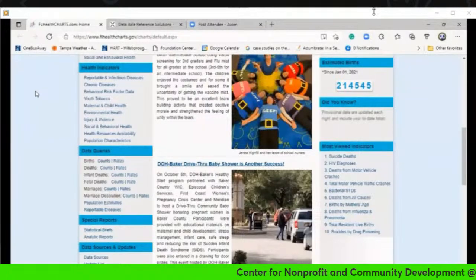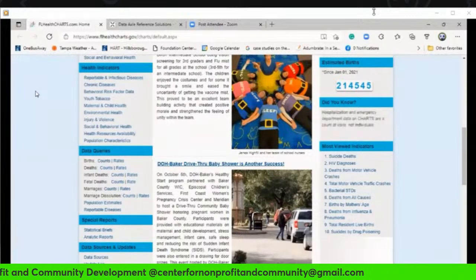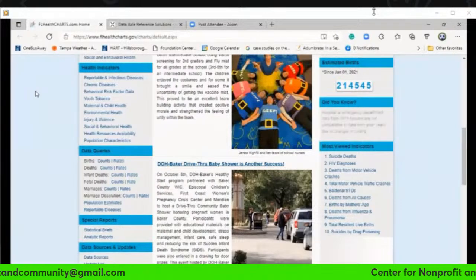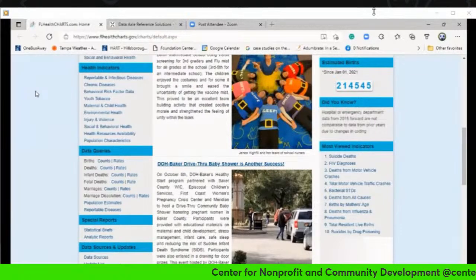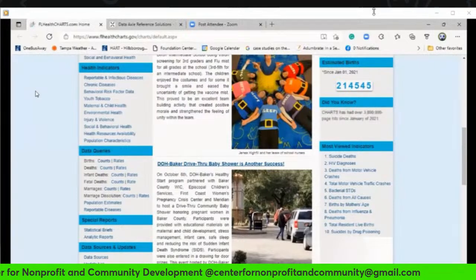Injuries and violence. This is important. If you want to talk about the level of violence in your community, this is where you go to get that data to show the violence associated with your community, the type of violence, and compare it to other areas as well.